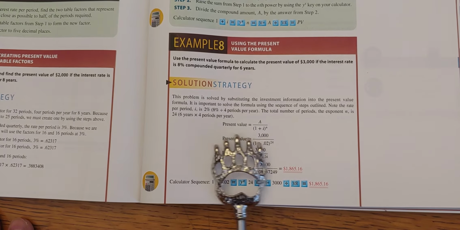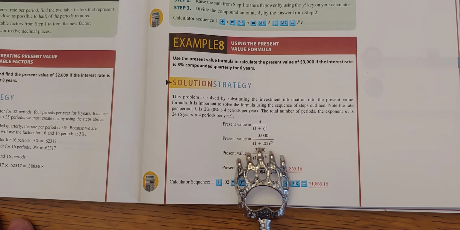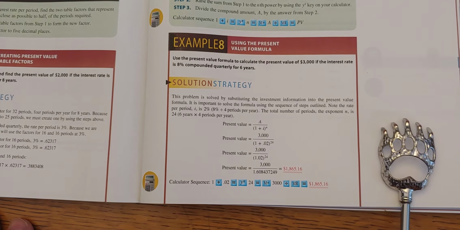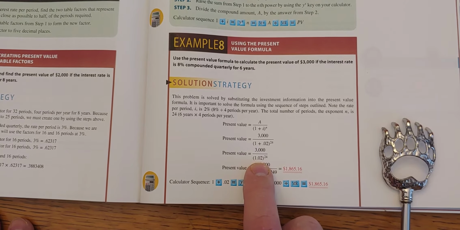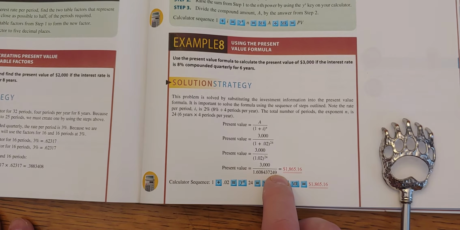If we plug that into our formula, present value is $3,000 divided by the quantity 1 plus 0.02 raised to the 24th power. We add 1 plus 0.02, so it's 1.02. Then we raise it to the 24th power, which is 1.608437249. Most calculators only give that many digits, which is good.